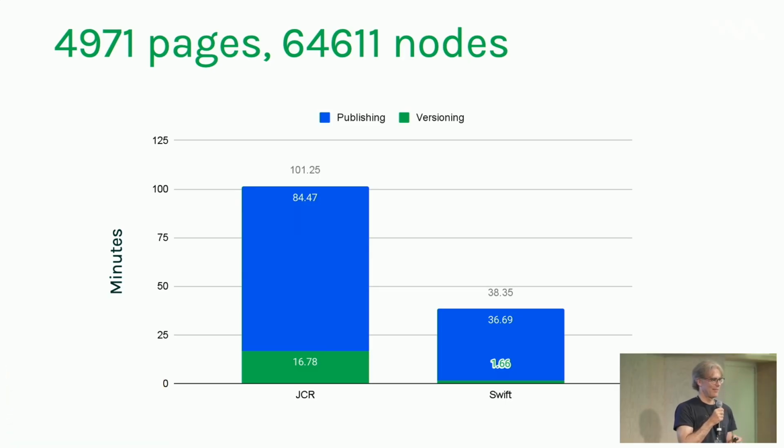On the right side, with Swift publication, we could cut that down to just 40 minutes. And I would assume that the number goes further down with some recent optimizations we've done to the code. This measurement is a couple of months old already. The numbers were taken with 3 public instances. We had S3 in the background, with 3 public instances in 3 different geographical regions.